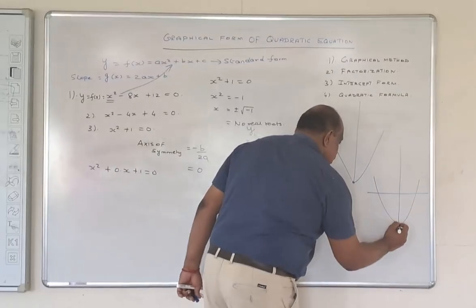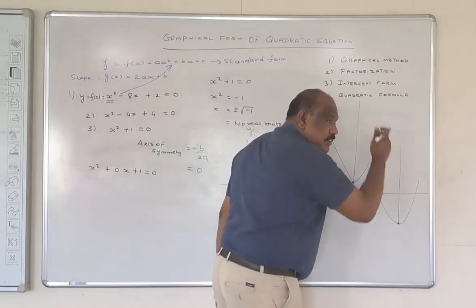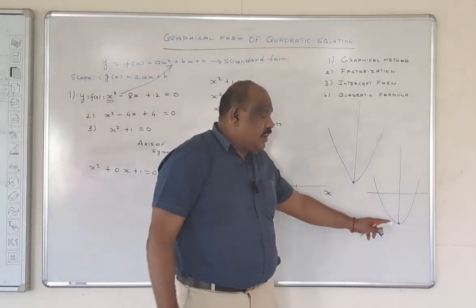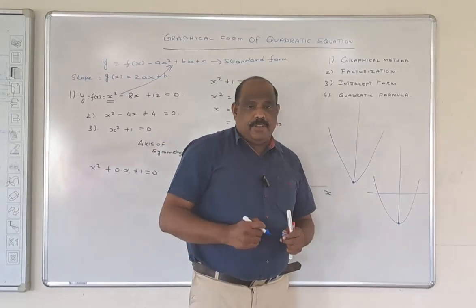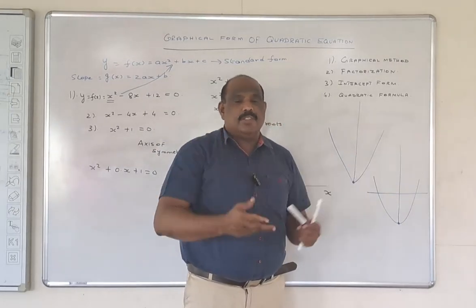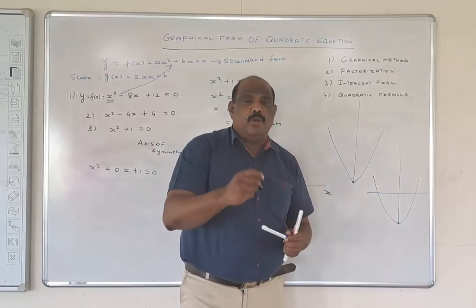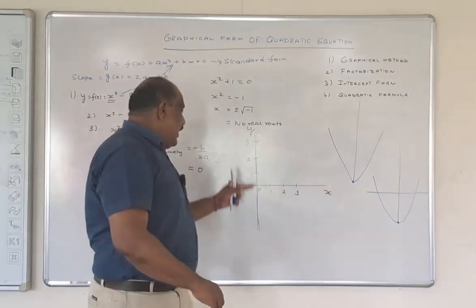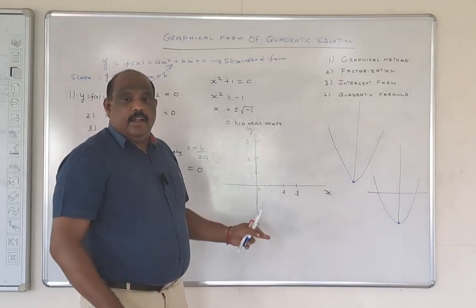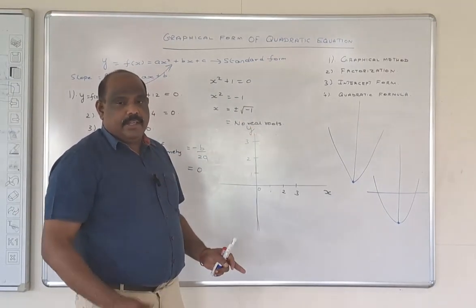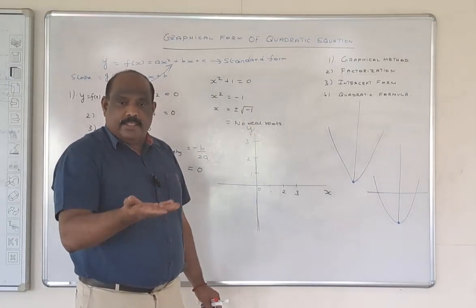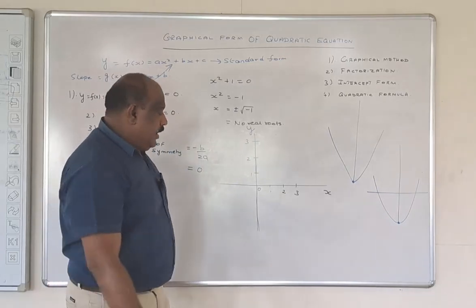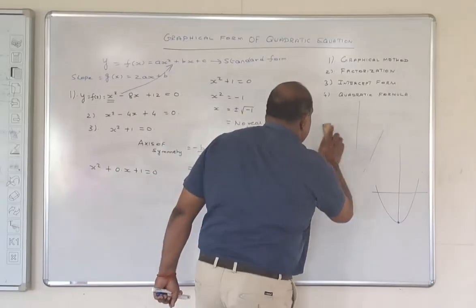So this vertex will also come along the axis of symmetry, at the point where the two curves meet each other. So one more logic I want to communicate is that the vertex will always lie on the axis of symmetry. It can be either above, exactly on the x-axis, or below. Okay, fine.